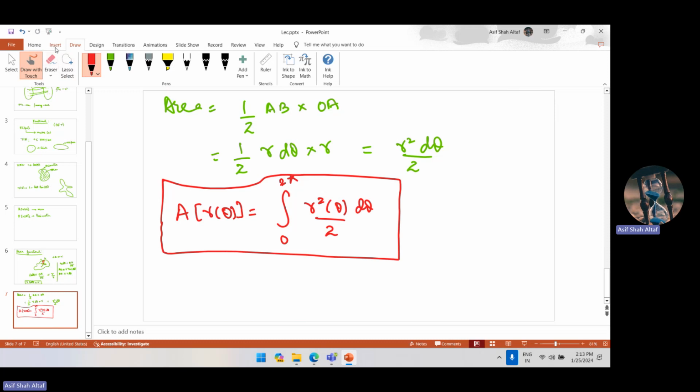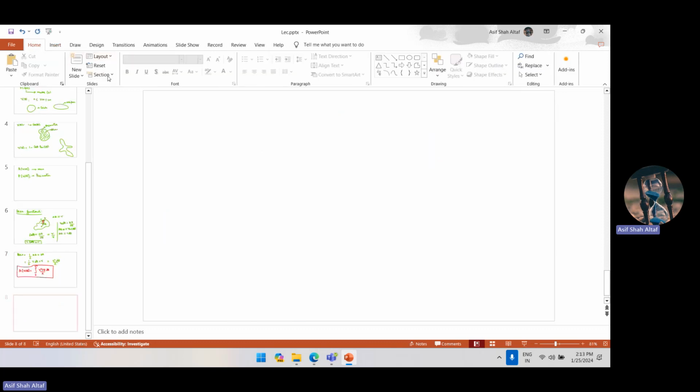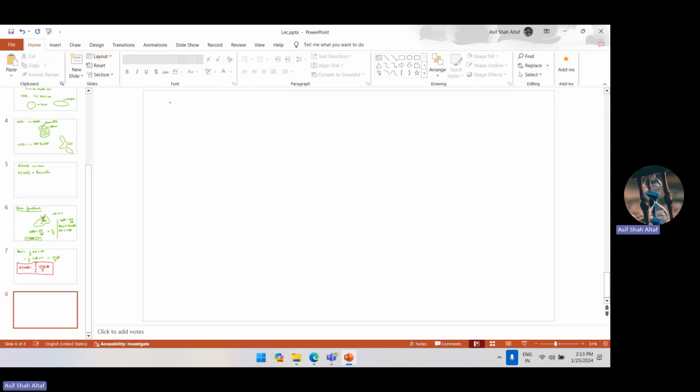Okay, before that, let's do some example. So let's try to use this formula to see whether it works or not. Say suppose we have a circle. For a circle, you have the rectangular equation as this. Here the radius is 1.